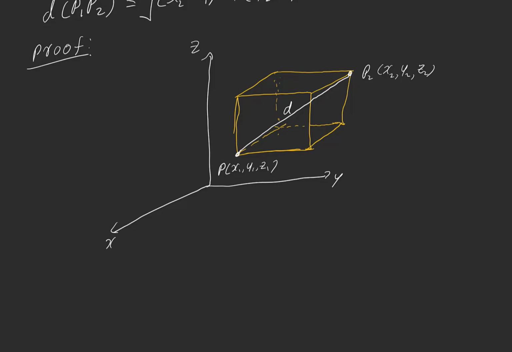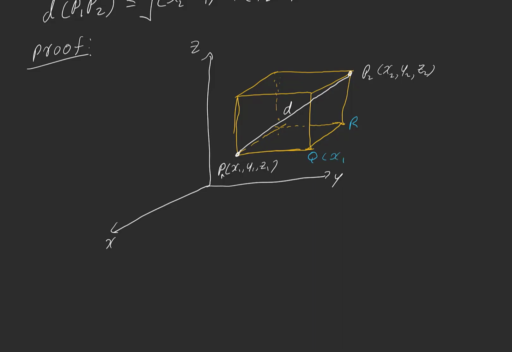So let me find some points. Here I use this one Q and this one R. What are the x, y, z values of Q? You know this P1Q is parallel to y, therefore the x values are the same for both, therefore it should be x1.